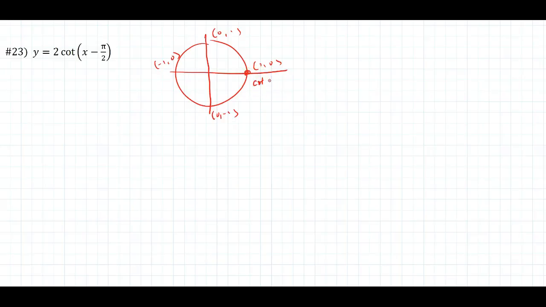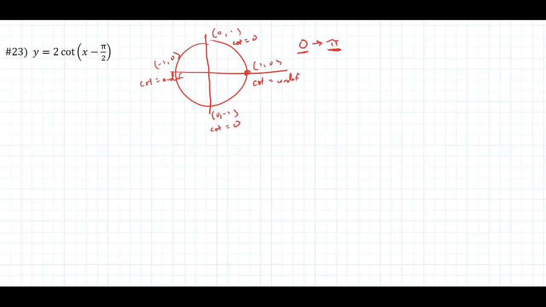Cotangent here is going to be 1 over 0, so it's undefined. Cotangent here is 0. Cotangent here is undefined. And cotangent down here at the bottom is 0 again. So my regular period for cotangent goes from 0 to pi. This is my normal starting point and my normal ending point.